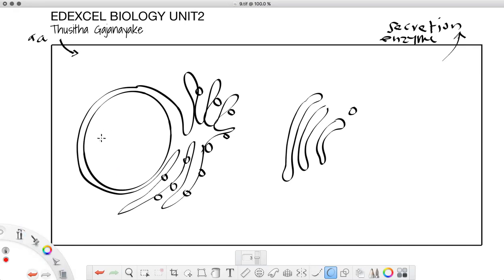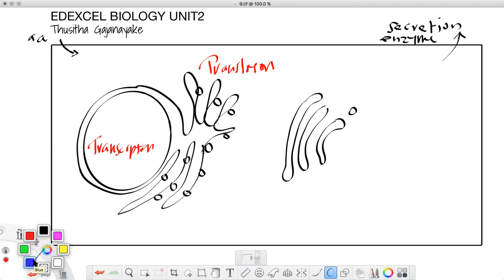Right, the basic steps: the first stage is transcription, and then translation. So in the first stage, the genes which are responsible for making these enzymes are located inside this nucleus in the DNA molecule, and the genes are copied into messenger RNA.